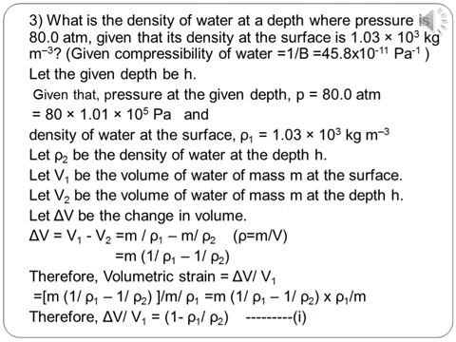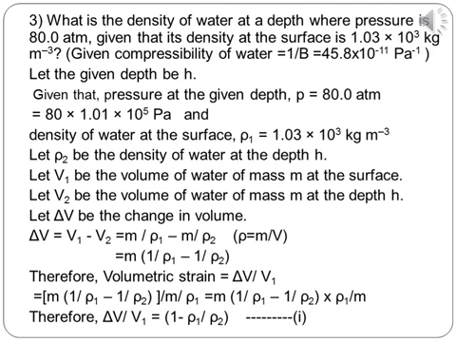Density of water at the surface ρ1 is equal to 1.03 into 10 to the power of 3 kilogram per meter cube. Let ρ2 be the density of water at the depth h. Let V1 be the volume of water of mass m at the surface. Let V2 be the volume of water of mass m at the depth h.